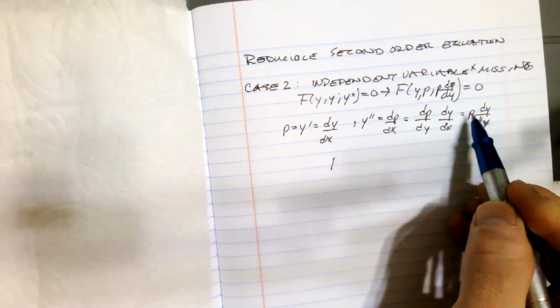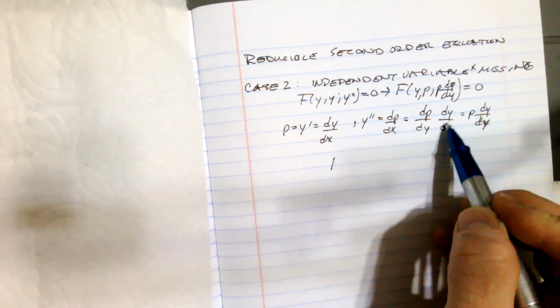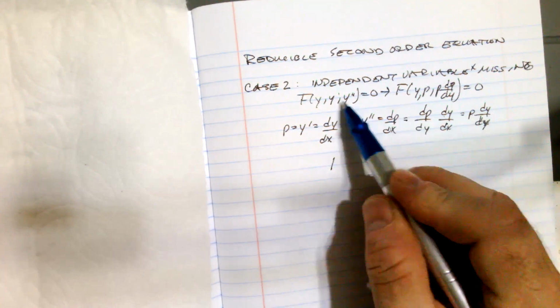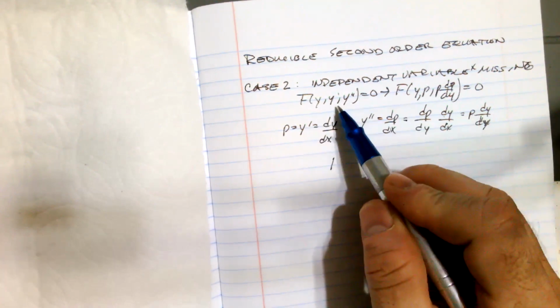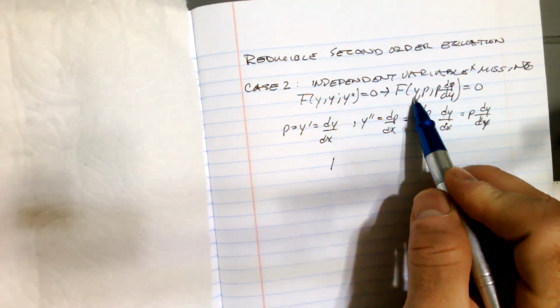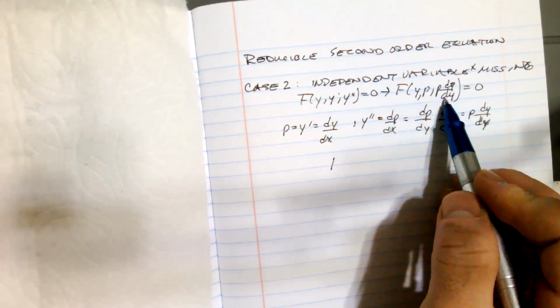And so we get p, which is the dy dx here, times dp dy, which is that. Okay, so that allows us to transform this second order differential equation with the independent variable missing into this first order differential equation f of y, p, and p times dp dy.